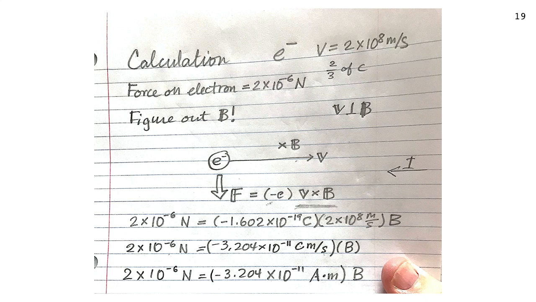Now we're going to say that the force on the electron is equal to 2 times 10 to the minus 6 newtons. Now that doesn't seem like a lot of newtons, but for an electron, that's going to be a mighty, ginormous number of newtons. All right. So let's figure out B.